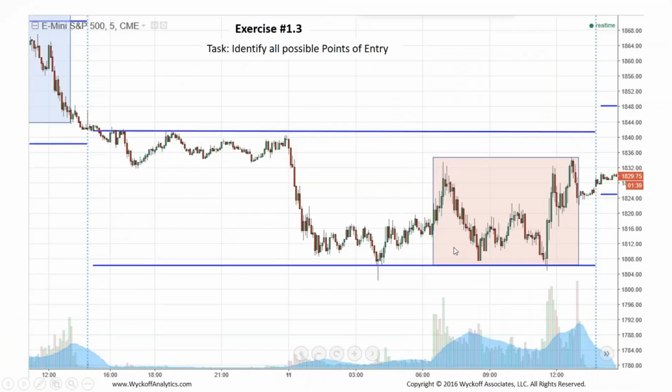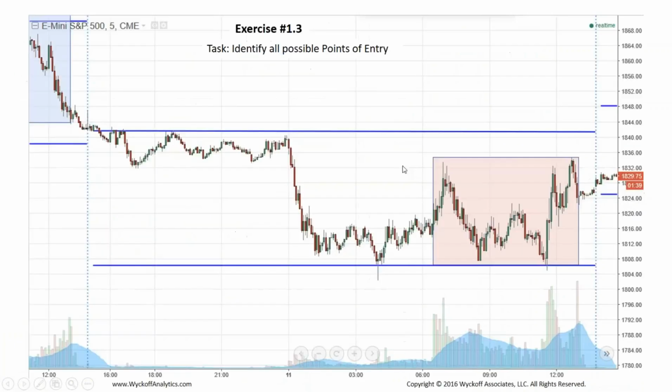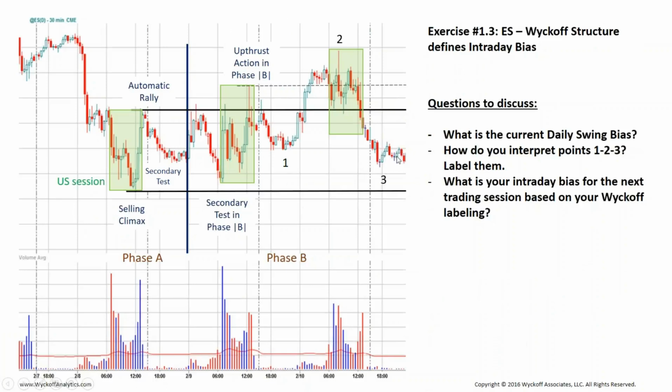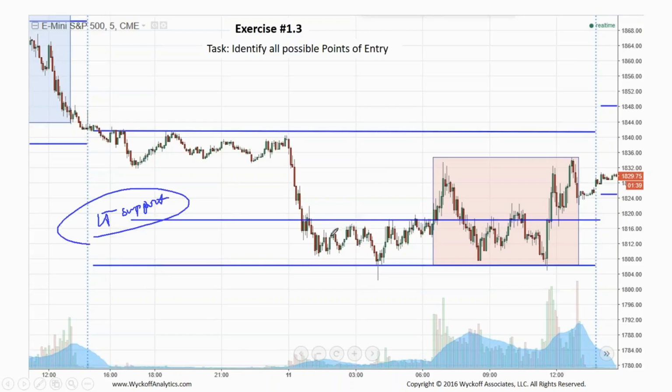Okay, let's see where we are before the US session. So we were consolidating right here, and then I see that we actually went lower and below the support. So this was probably somewhere at the long-term support right here from the previous chart. London session again is pushing the prices down. So sometimes you really have to understand what session is doing what.